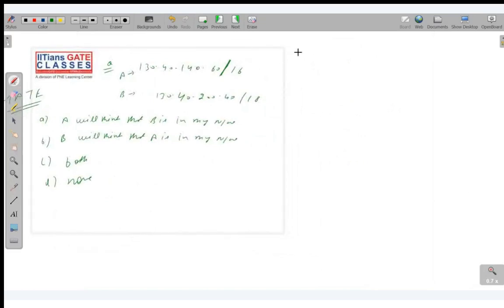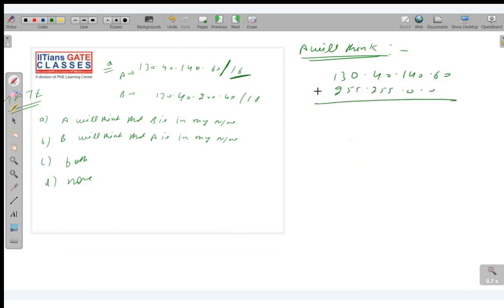So A will think. For that, I will say 130.40.140.60/16. So it will apply 255.255.0.0, and it will get 130.40.0.0. So the net ID of A is this. Now, for the net ID of B, it will apply the same net mask with the IP address of B. So let me do that.